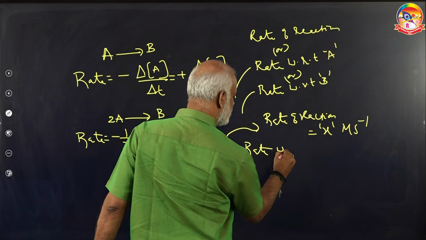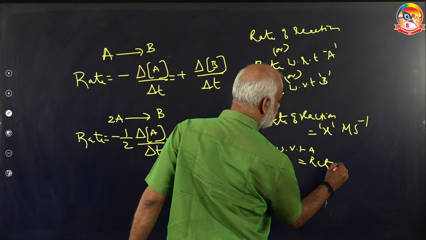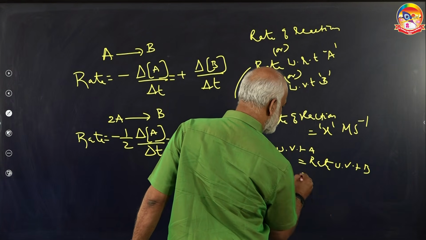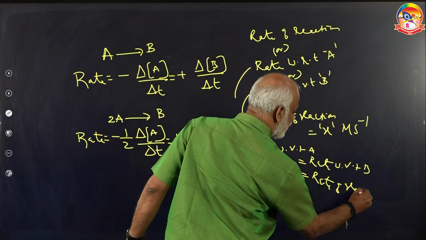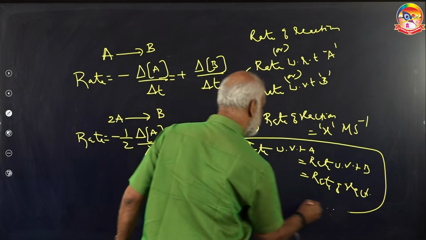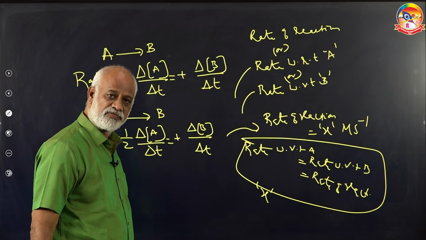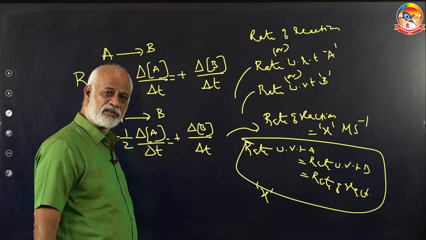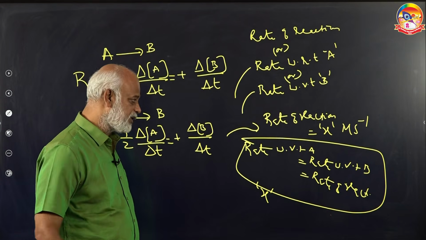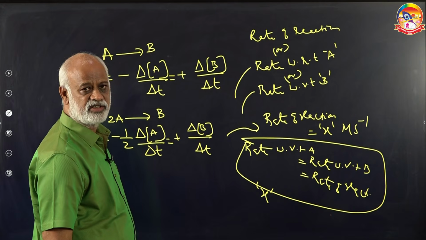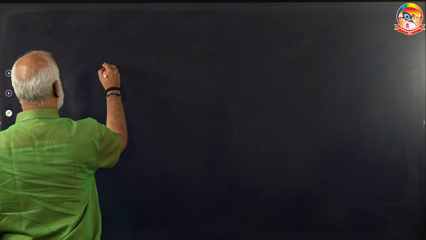Rate with respect to A is equal to rate with respect to B is equal to rate of reaction, all will be the same and whose value will be x. So once they say rate of reaction, or rate with respect to A, or rate with respect to B, it should not change because it is equal to the average rate.